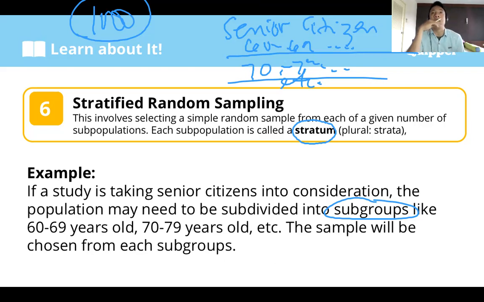Ano pa magandang title ng research? Sige, dun tayo sa pinakamadali.